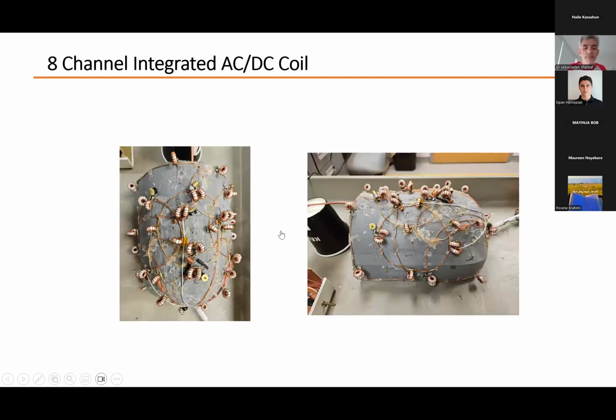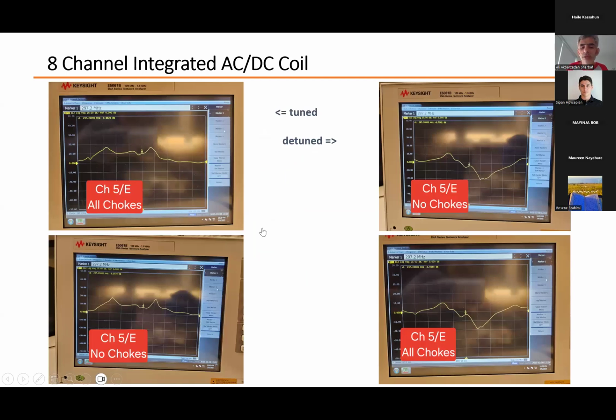And here's an example of an 8-channel coil we have built. These are the chokes we have installed across each capacitor. And here I have some photos of the S parameters measurements with and without chokes.